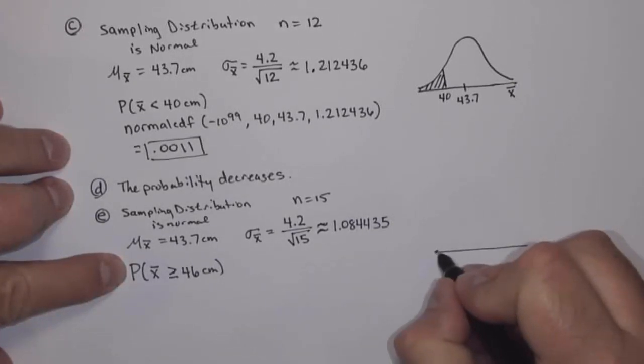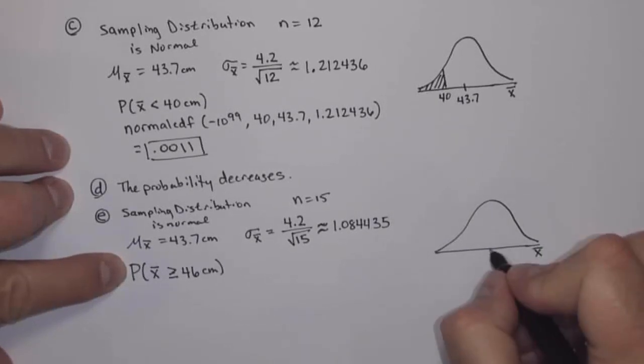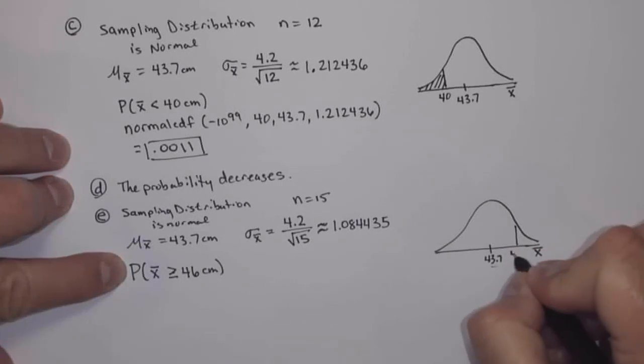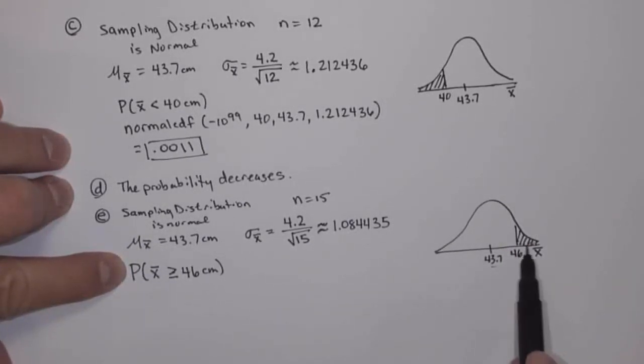If it's less than 5%, then that would be unusual. So I have my x bar distribution. 43.7 centimeters is here, so 46 is going to be over here. I'm looking for this probability and seeing if that's less than 5%. If it's less than 5%, then it's unusual.